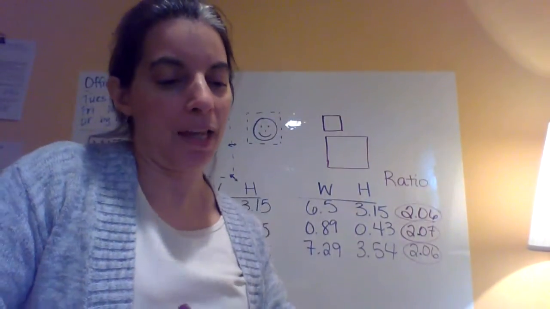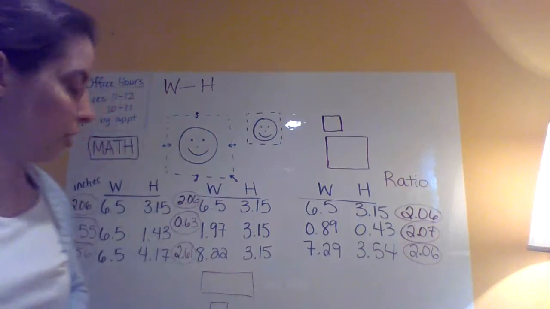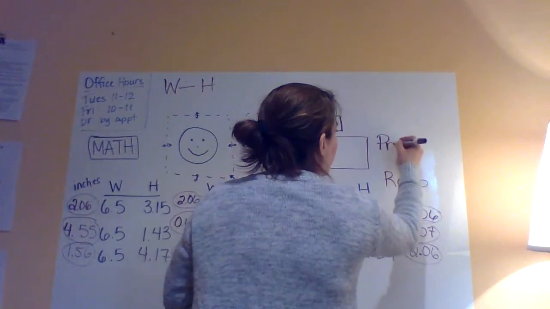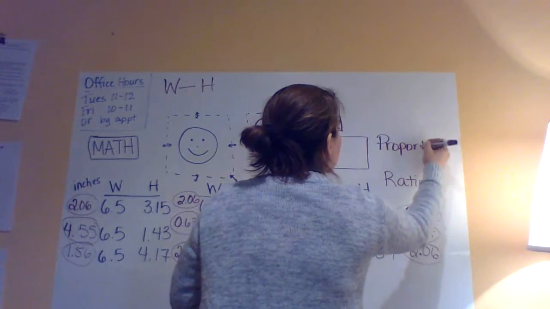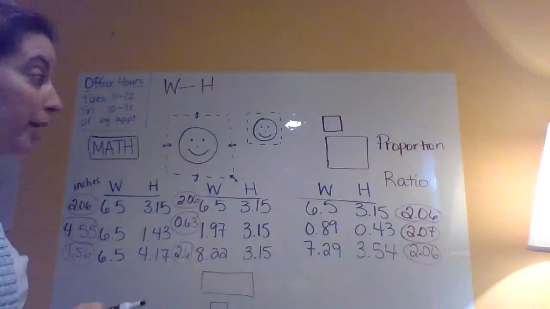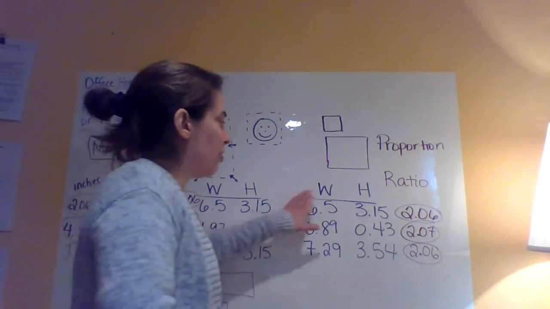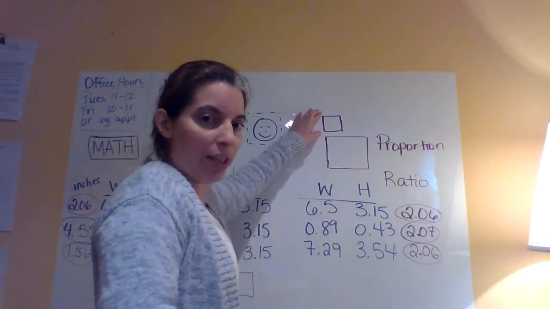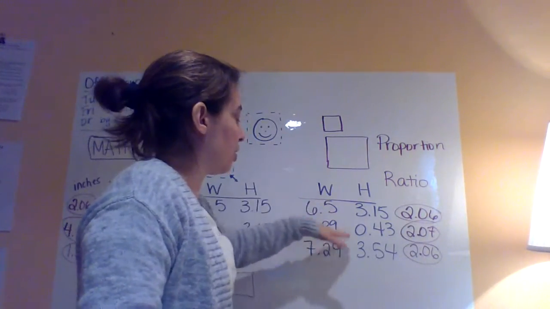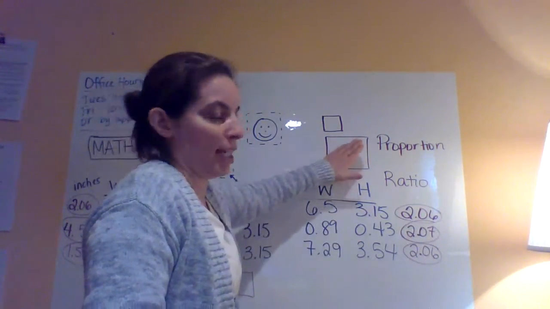Okay. Now, when we have two ratios put together, that's what we call a proportion, which you might remember hearing before. So a proportion is basically saying, if the width to the height here has a certain relationship, then that equals the relationship between the width and the height here.